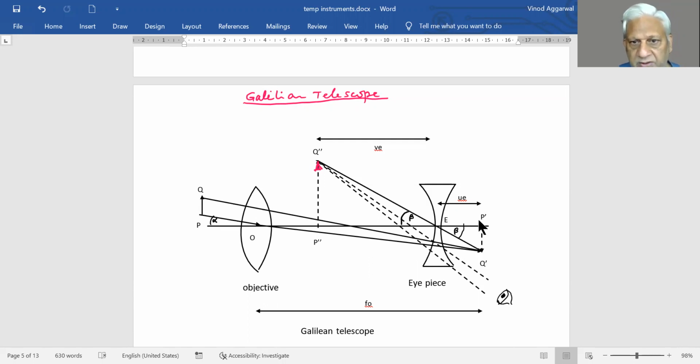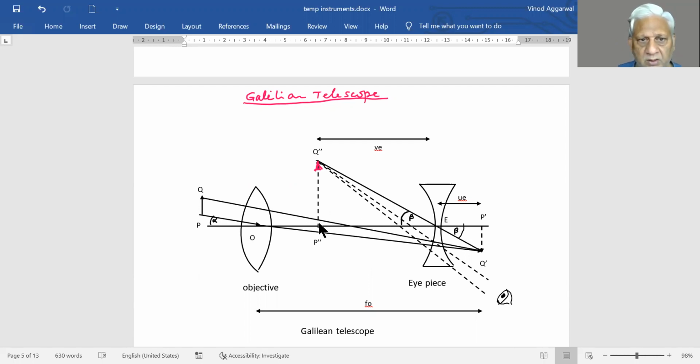P dash Q dash is at the focal point of the objective lens, and this P dash Q dash is kept very close to the focal point of the eyepiece, so as to get us a virtual image. The angle that the parallel rays coming from infinity make with the axis is alpha, and the image makes an angle beta with the axis.